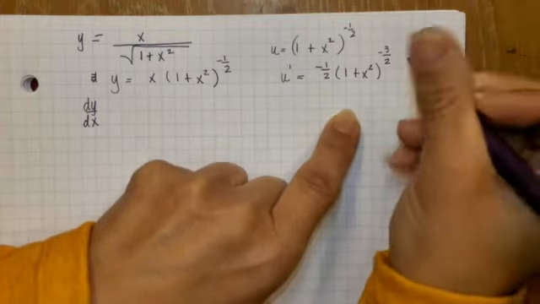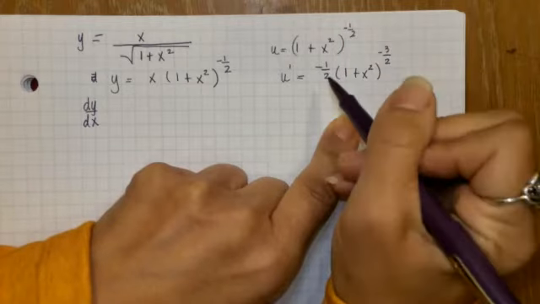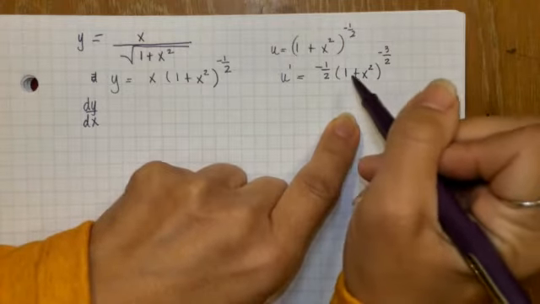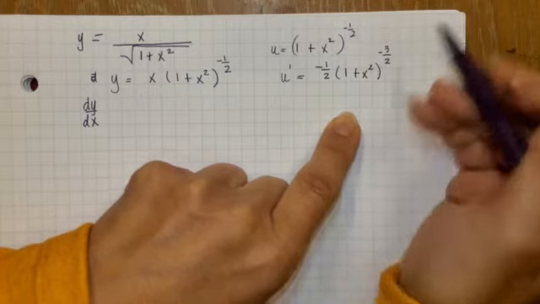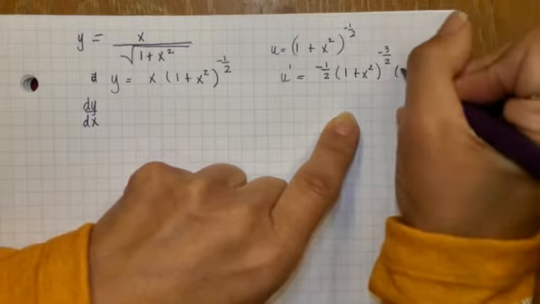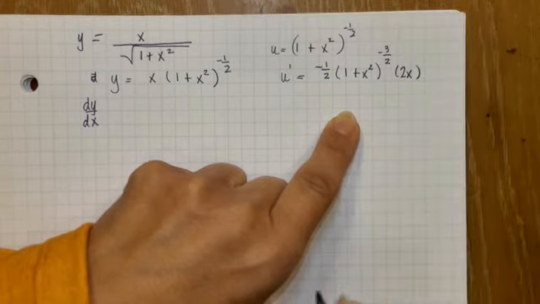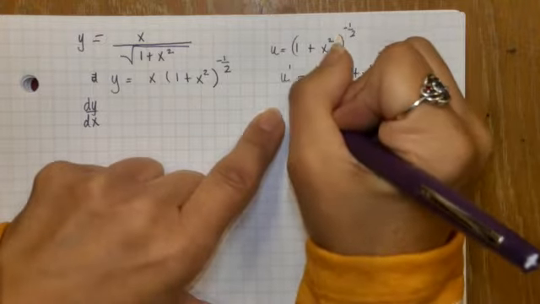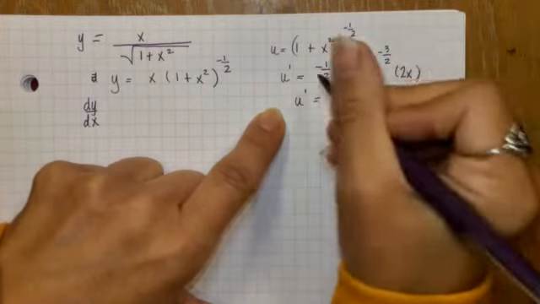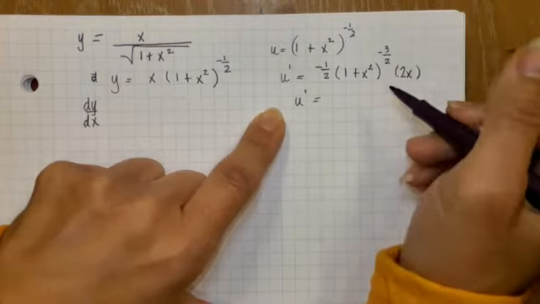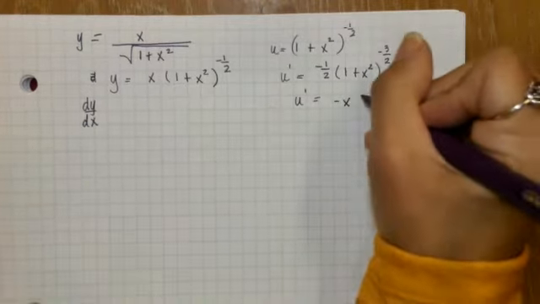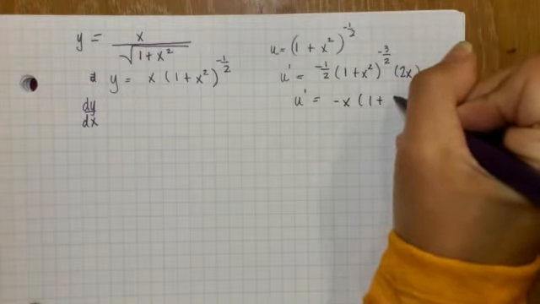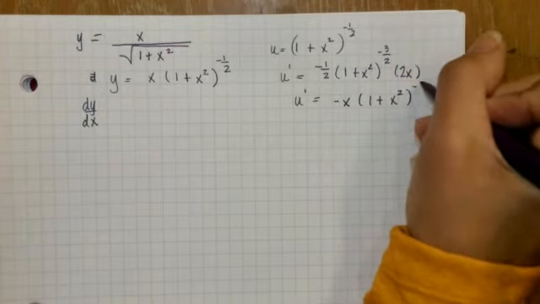Not done. Power rule: exponent becomes coefficient, leave the inside alone. So I'm taking the derivative of the outside, negative 1/2 minus 1 is negative 3/2, times the derivative of the inside, which is 2x. So u prime is going to be equal to negative 1/2 times 2x, which is negative x, times 1 plus x squared to the negative 3/2.